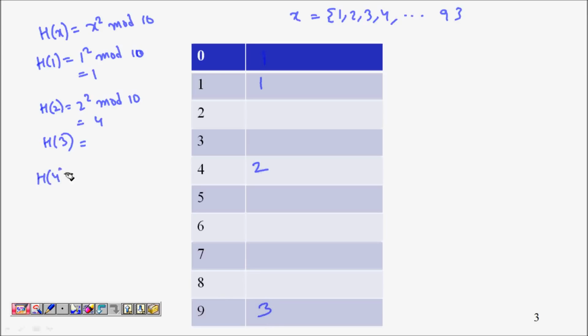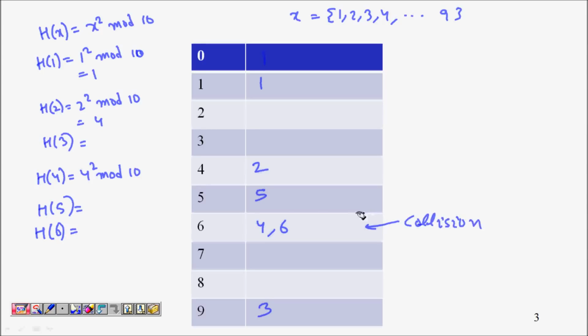h of 4 will be 4 squared modulo 10, so 16, it will come here. Then h of 5 is 5 squared, 25 modulo 10, so it will come here. h of 6 will be 36 modulo 10, so 6 will also come here, and here we encounter a collision.